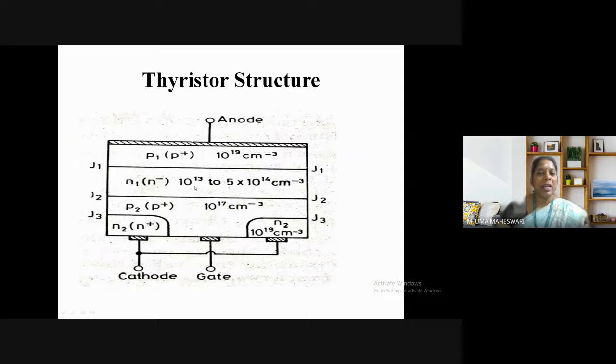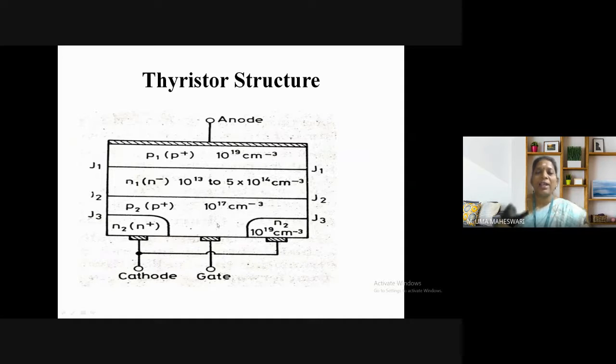And the N2 layer is represented as N plus, heavy doping, about 10^19 cm^-3.